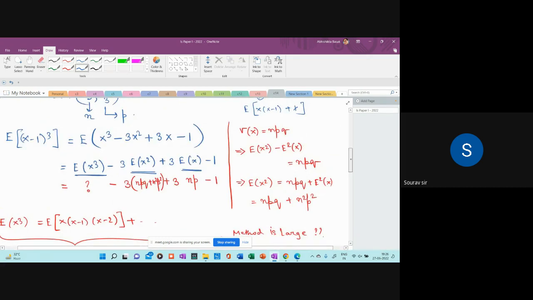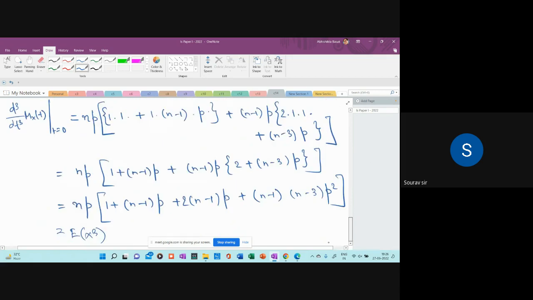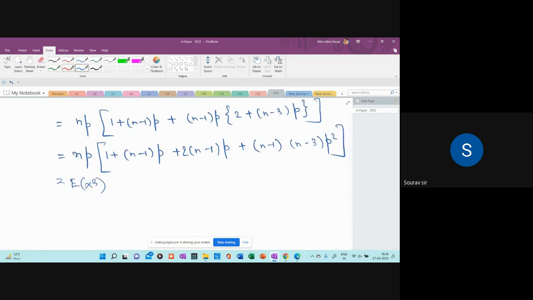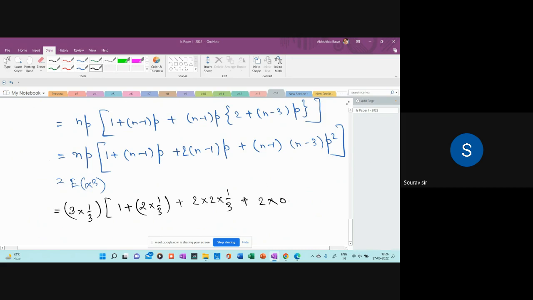Since these are based on n and p, we can directly put the values of n and p and simplify. So n was 3, p was 1 by 3, and it was 1 plus n minus 1 is 2, into p, 1 by 3, plus 2 into n minus 1 is 2, p was 1 by 3, plus n minus 1 is 2, n minus 3 is 0, and p square is 1 by 3 whole square.